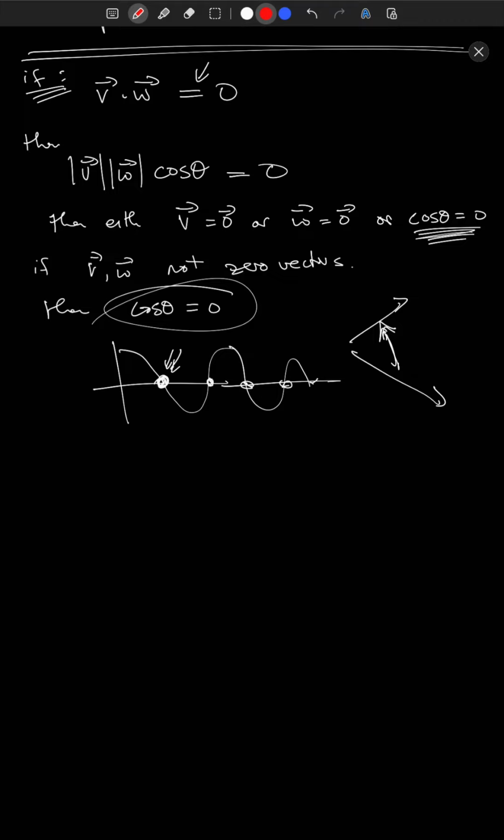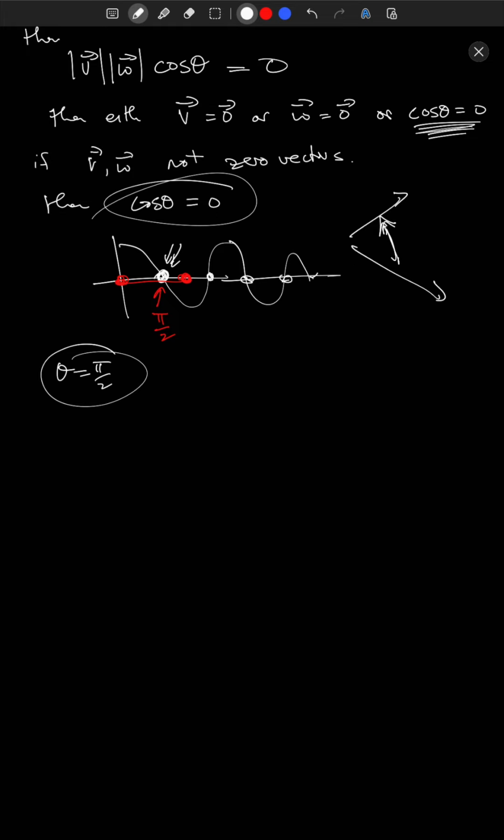So we're only looking at cosine from here to there, and the only place cosine can be 0 is at that point, which is of course at pi over 2. So theta is equal to pi over 2, which is 90 degrees.